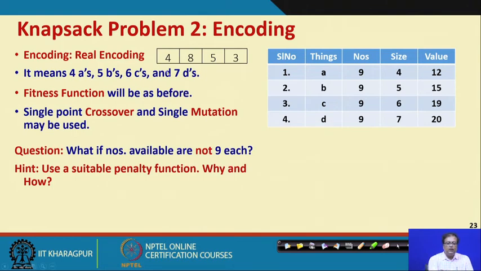You can have something like the 4 digits 4567, which means 4 A's, 5 B's, 6 C's and 7 D's. Fitness function will be as before, and single point crossover and single mutation may be used. What if the available number is not within 9? Then use a suitable penalty approach.